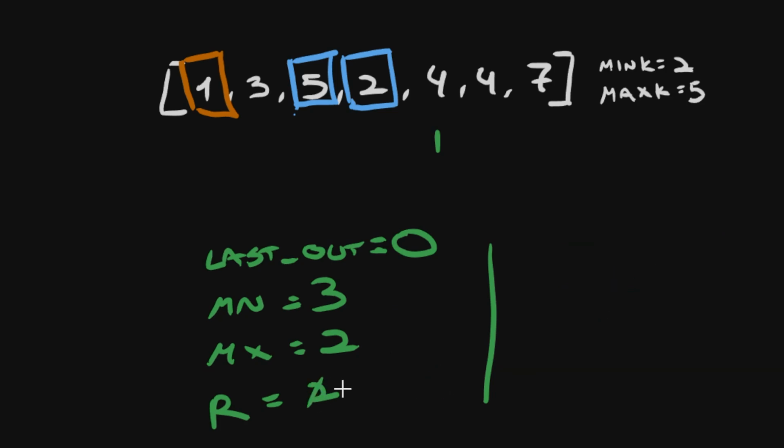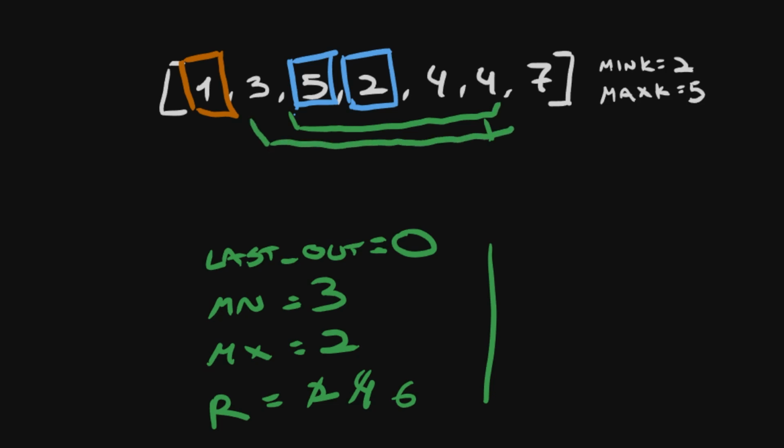Now our result is 4, meaning this subarray and this subarray are both valid. Okay, now we are here and we are adding to the result the minimum among 3 and 2 minus 0 again. So we add 2 more to our result, meaning this subarray is valid and this subarray is also valid.